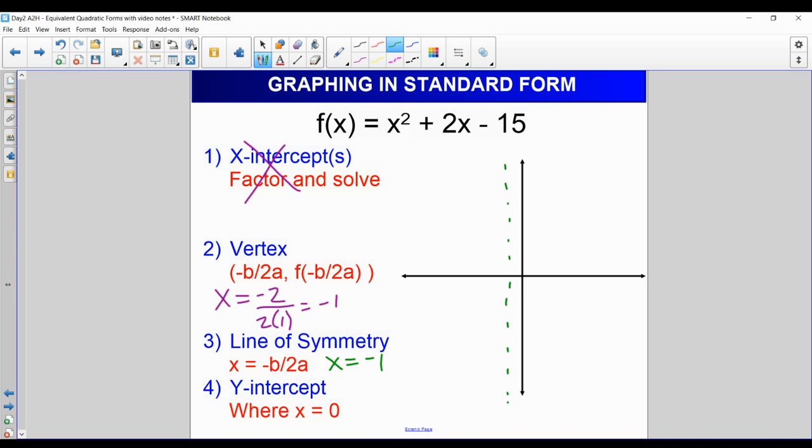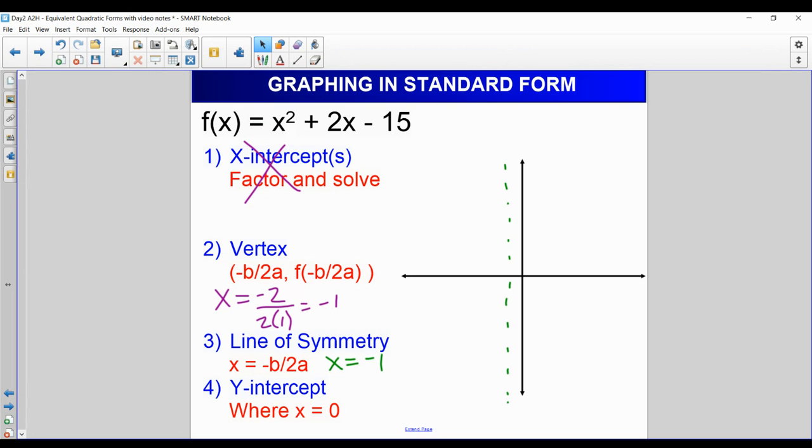If I want to find the vertex, I'm just going to plug in that negative 1 value up into f of x. So I'm going to say f of negative 1.